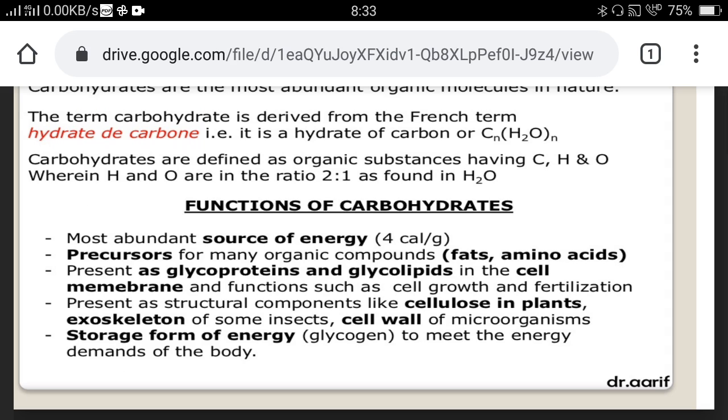Present as structural components like cellulose in plants, exoskeleton of some insects, cell wall of microorganisms. Storage form of energy, glycogen, to meet the energy demand of the body, especially in the case of animals.